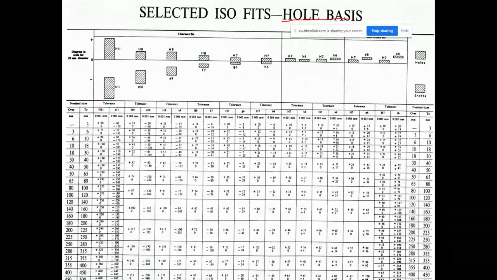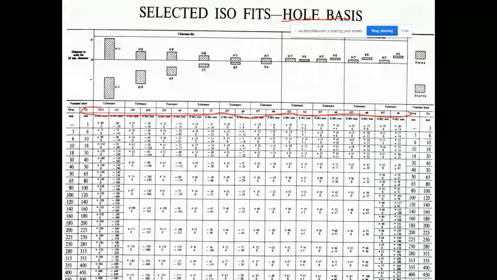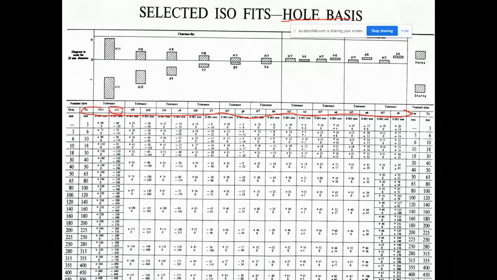At the top, we have a row. Along the row, we have the titles of the columns. You see the titles use the IT grades. For this column, the IT grade is H9, and that is the corresponding H9 column.